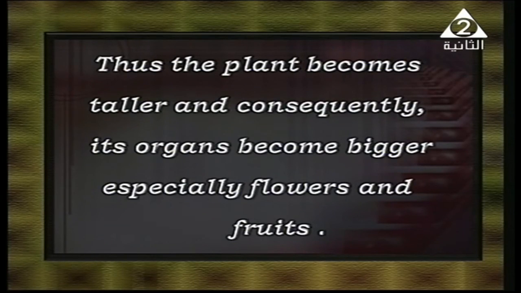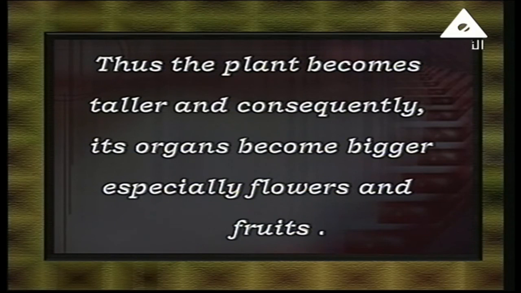So the plant becomes taller, and consequently its organs become bigger, especially flowers and fruits. So if you observe a large flower or large stem and so on, something that's abnormal, you have to think that this is a mutation.